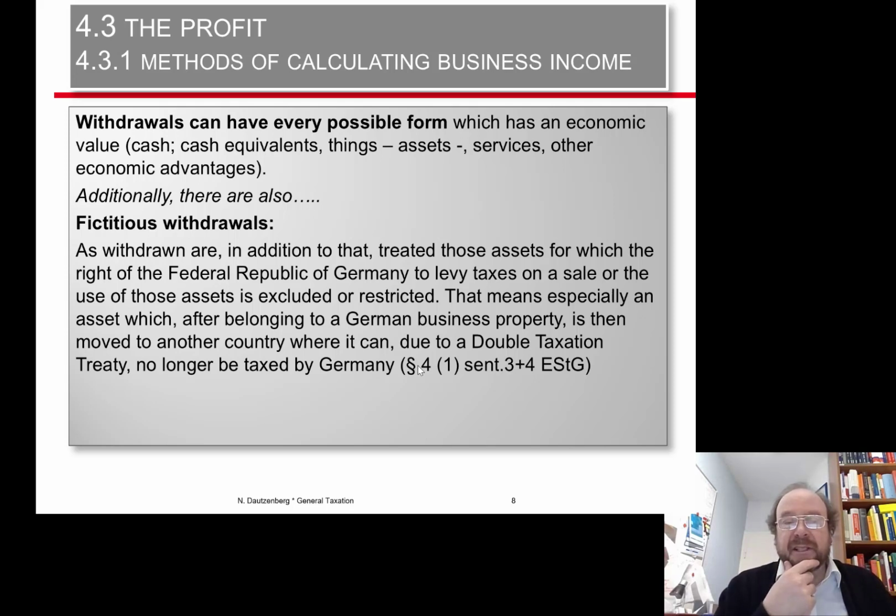What I mean here is that, at least in the German law, it is treated as a withdrawal, or like a withdrawal, if you transfer something which belongs to a taxable part of your business, situated, for example, in Germany, to a part of your business which is outside the country and perhaps necessarily then tax-free, for example, due to a double taxation treaty.